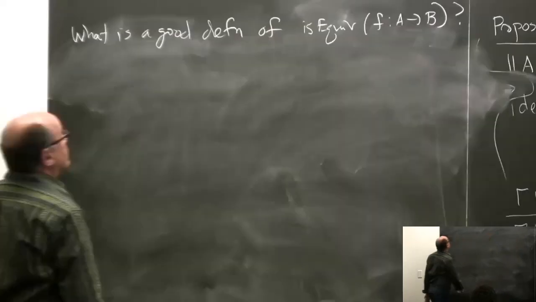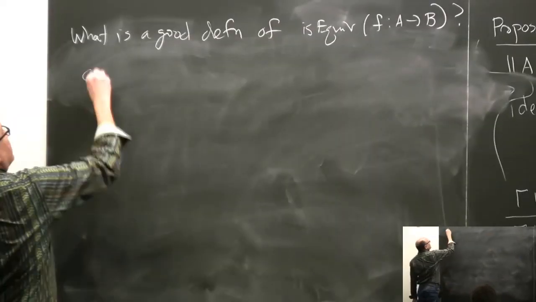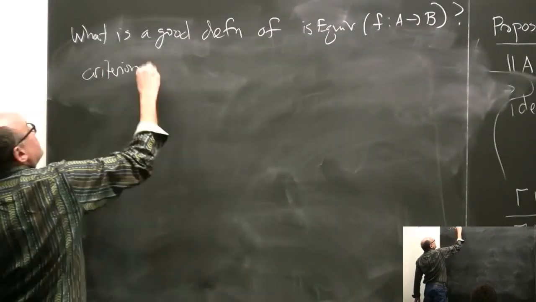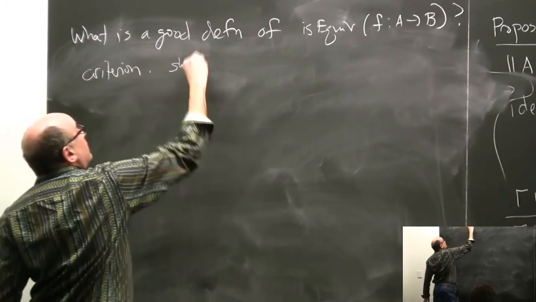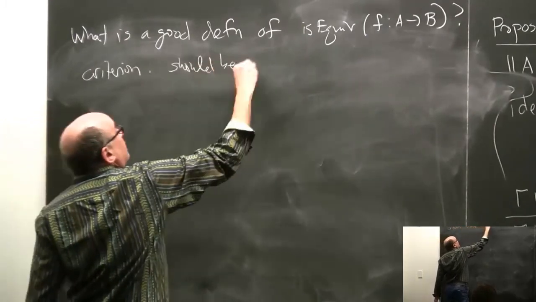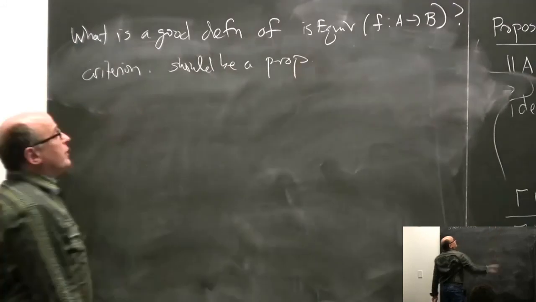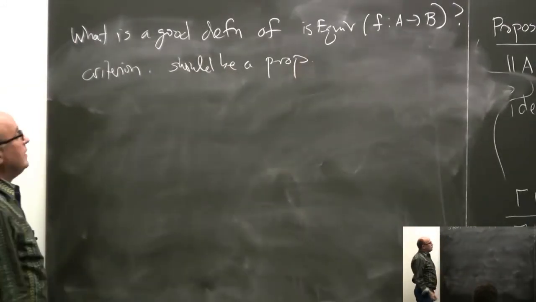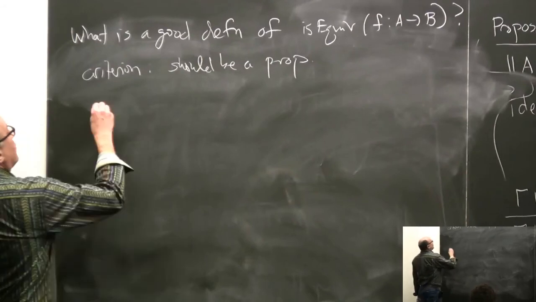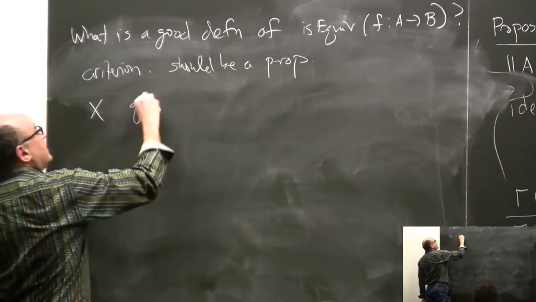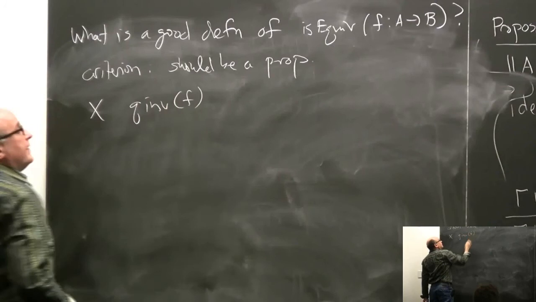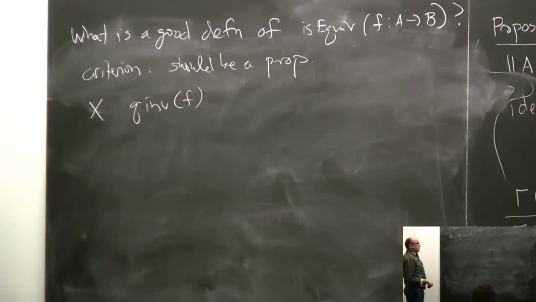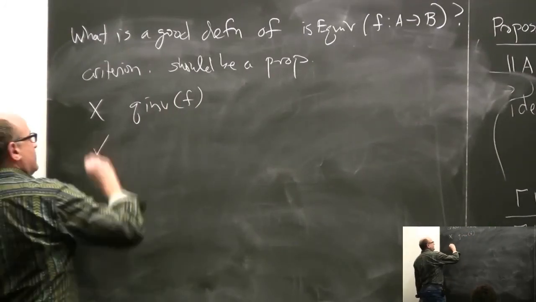What we're arguing is the criterion is that it should be a proposition. That is, something should be an equivalence in the sense of is-equiv in at most one way, up to higher homotopy. So quasi-inverse of f doesn't qualify. That's not a good one.